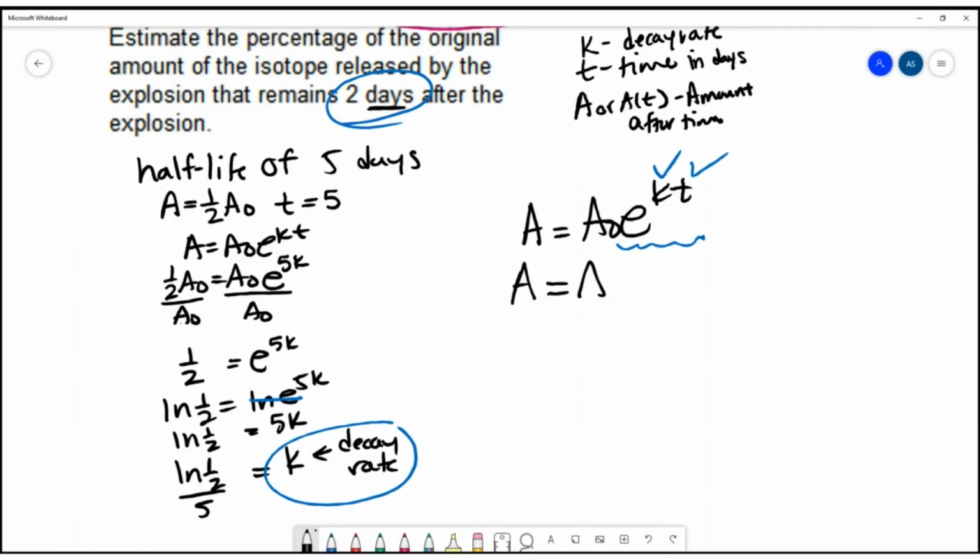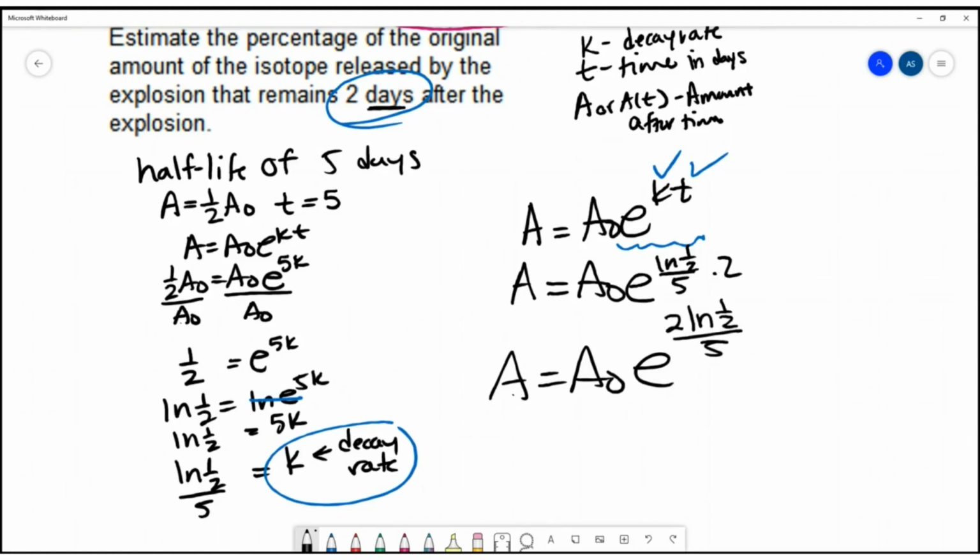We have A equals A naught e to the natural log of 1/2 over 5 times 2. And this is what we're going to plug in the calculator. Let's rewrite it. 2 natural log of 1/2 over 5.